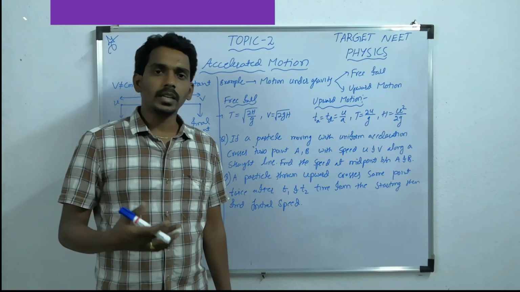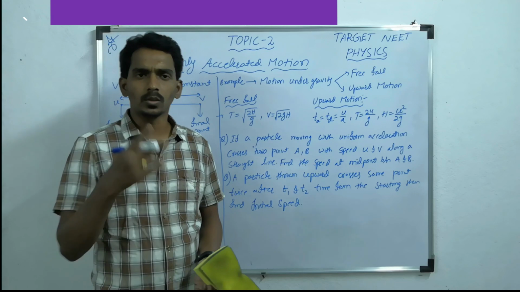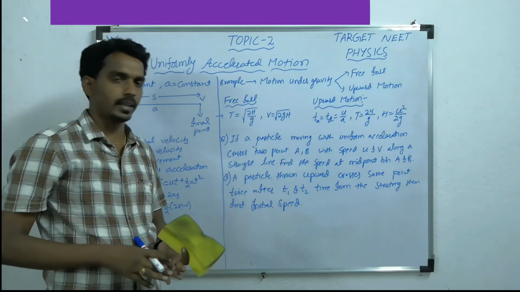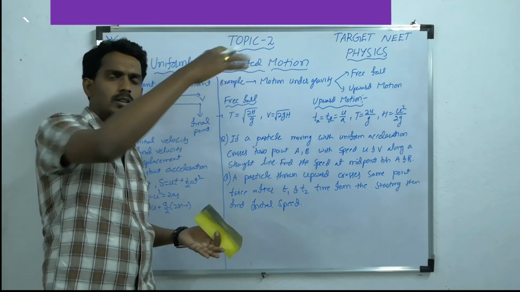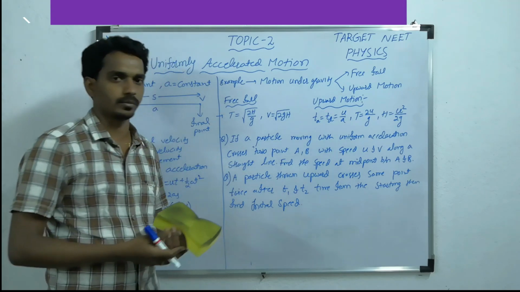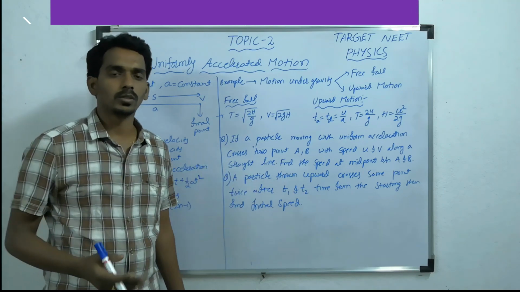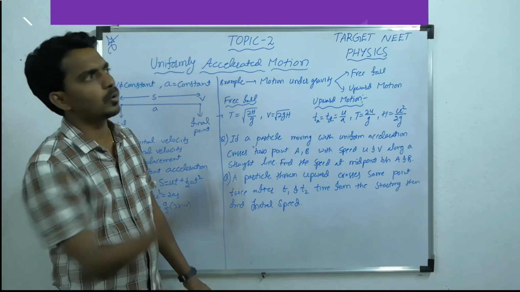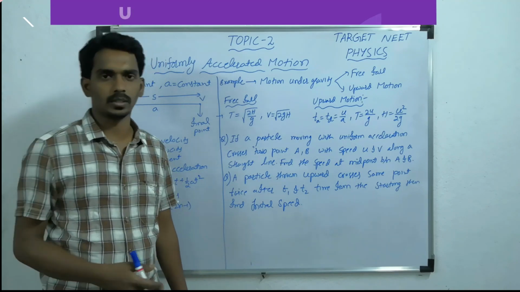There are 2 cases that mainly come. One is if you drop a body from a certain height, then it is called free fall, because you are dropping, you are not throwing. Of course, questions will come based on throwing also. But basically, we divide into 2 types: free fall, and another one is throwing upward. You throw the body upward from the ground or from a certain height, that is upward motion.